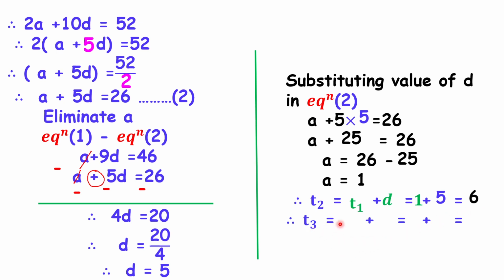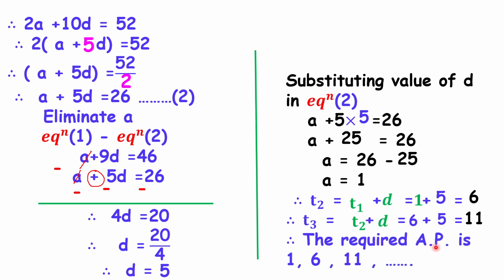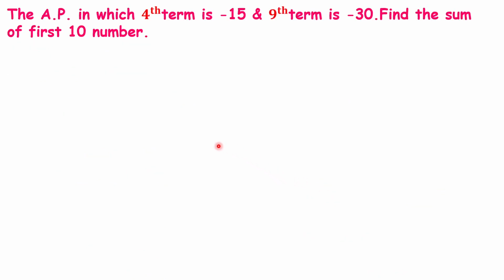To find the third term, we add the common difference to the second term, therefore T2 plus d. Here T2 is nothing but how much? 6, plus d is 5. 6 plus 5 is equal to 11. Therefore, the required AP is 1, 6, 11, and so on. Hence we found the arithmetic progression.